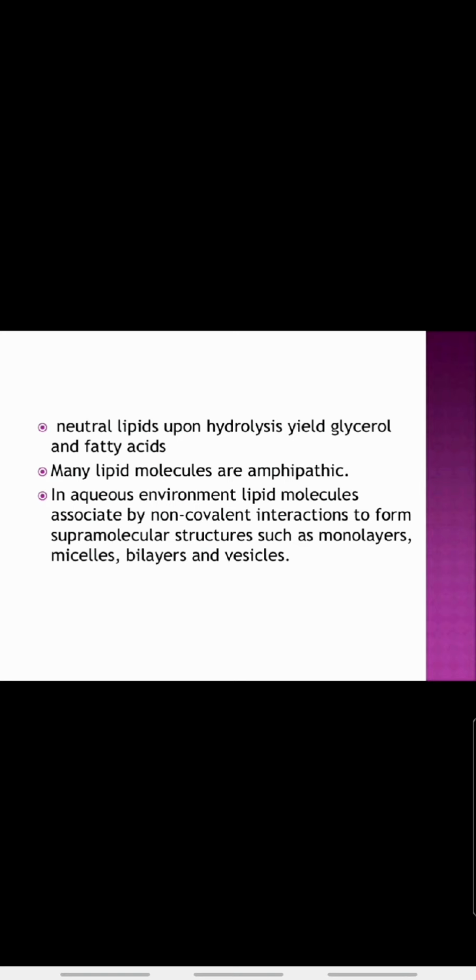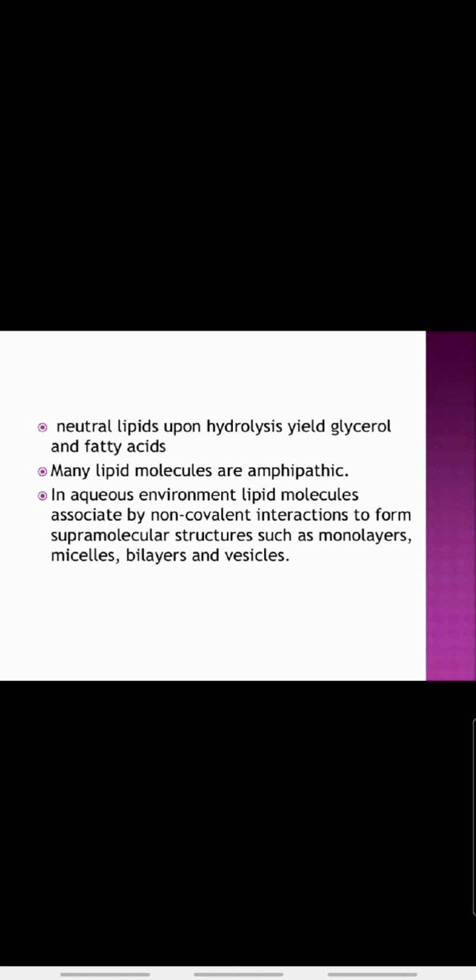Yes, I also mentioned earlier that lipids is insoluble in water but soluble in non-polar solvent. So that makes it amphipathic. Again, when we say amphipathic, it is a word used to describe a chemical compound containing both polar, which is water soluble, and non-polar, which is not water soluble.